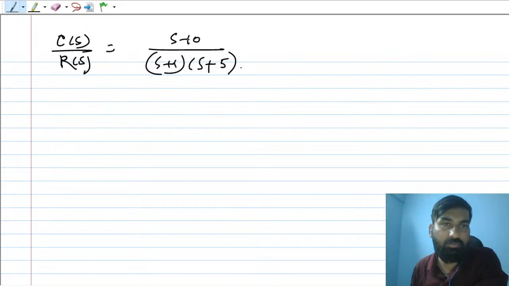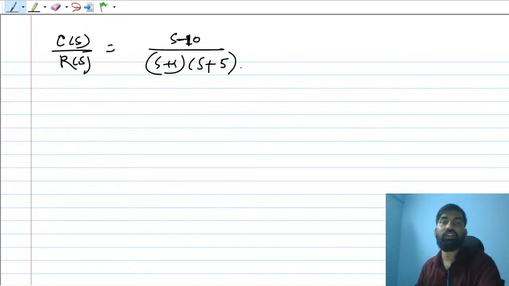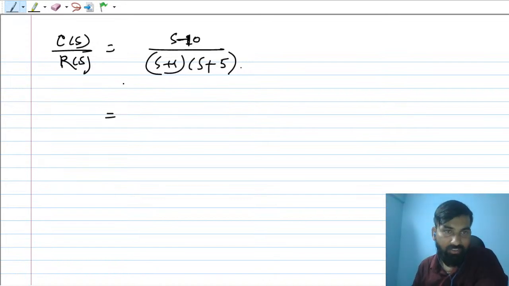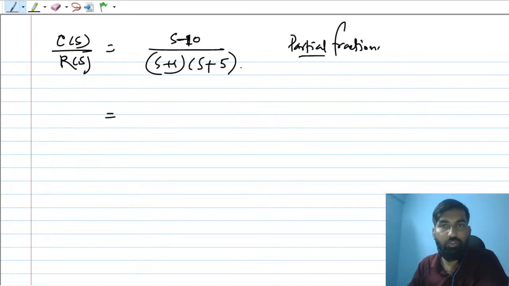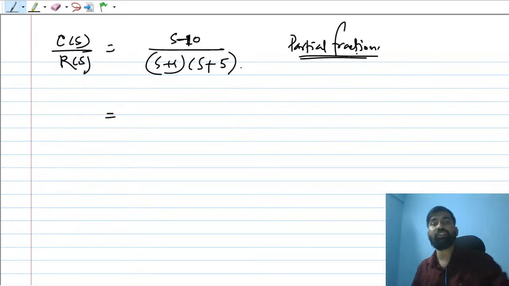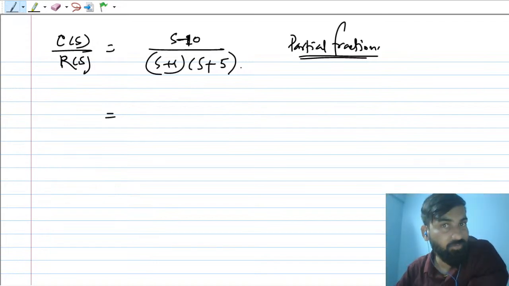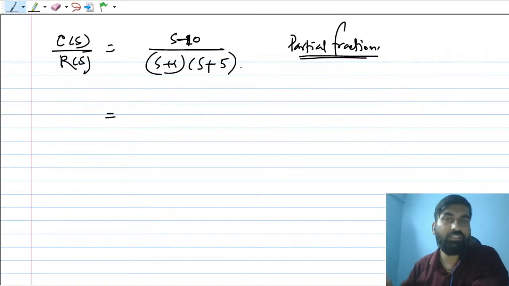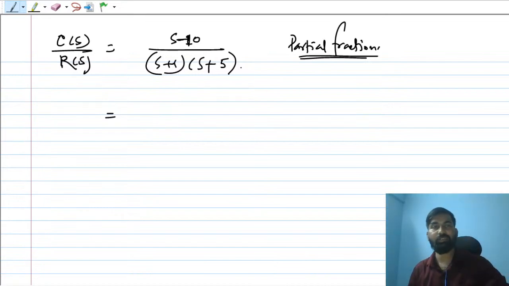You can do partial fractions. You should know the concept of partial fractions, because if you don't know partial fractions, you can't take the inverse Laplace transform. So you should have the basic knowledge about the Laplace transform and the inverse Laplace transform, which will be taught in the signals and systems topic.